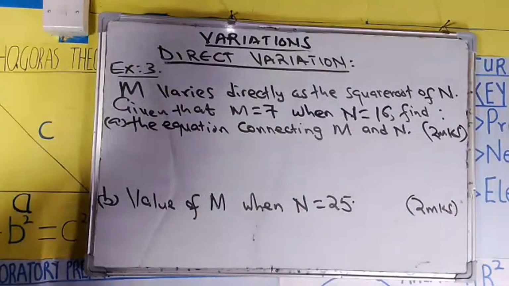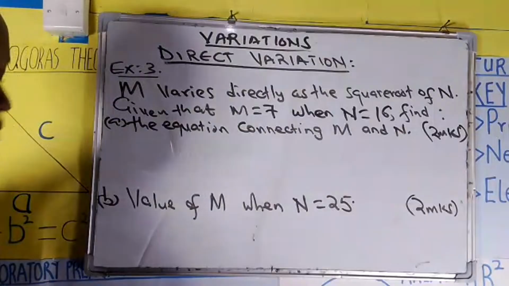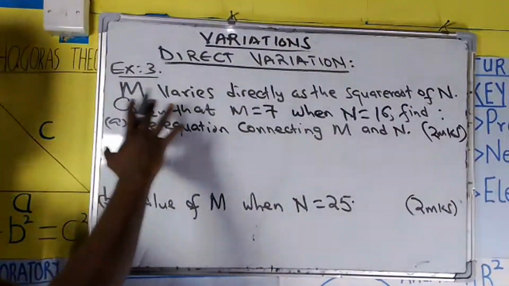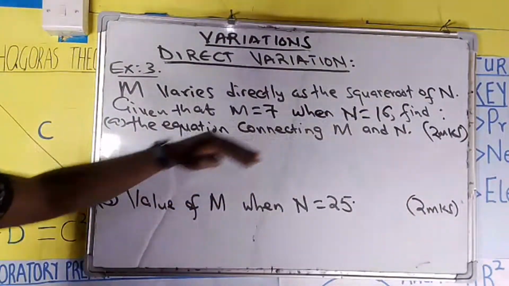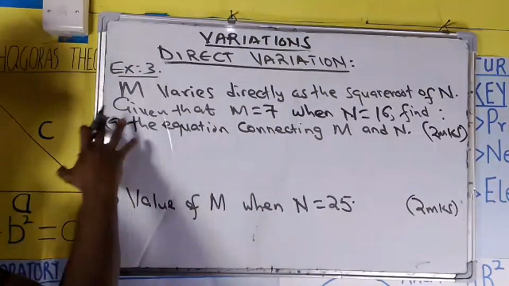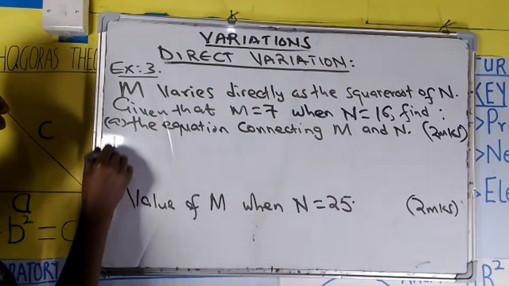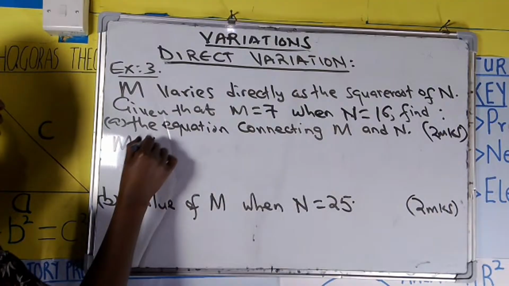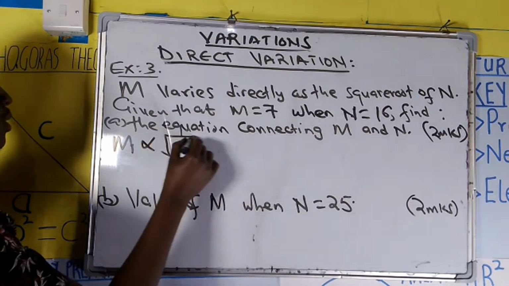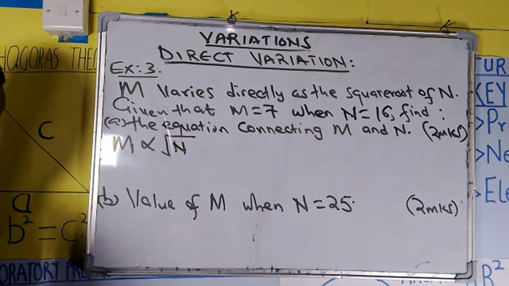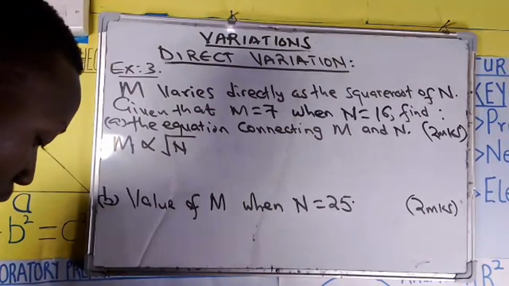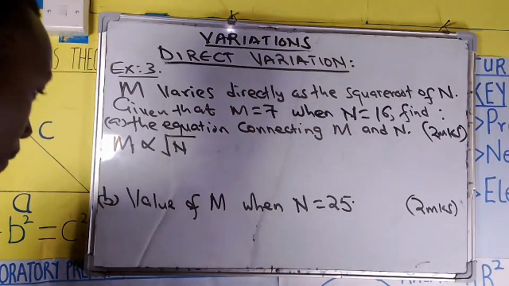So let's do that. So m varies directly as the square root of n. Given that m is 7, so m varies directly as the square root of n.